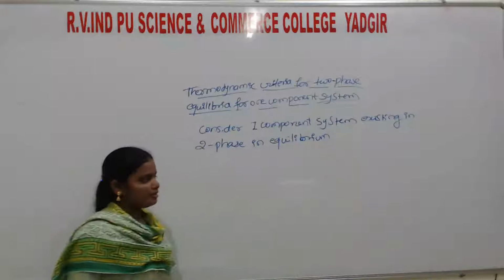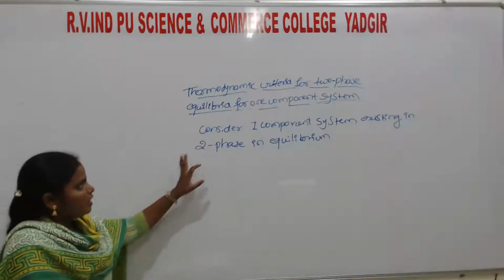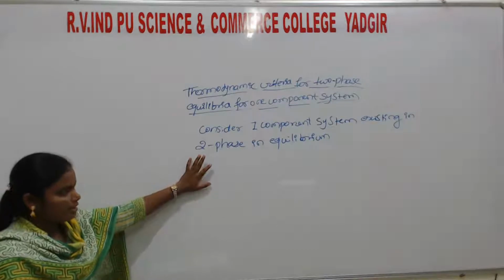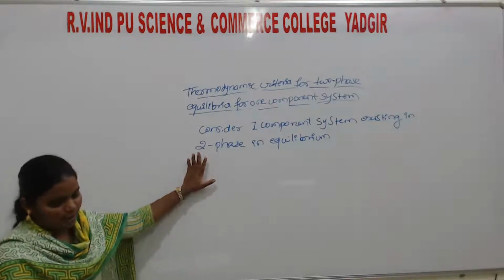In that system, the component is one and there are two phases in equilibrium.